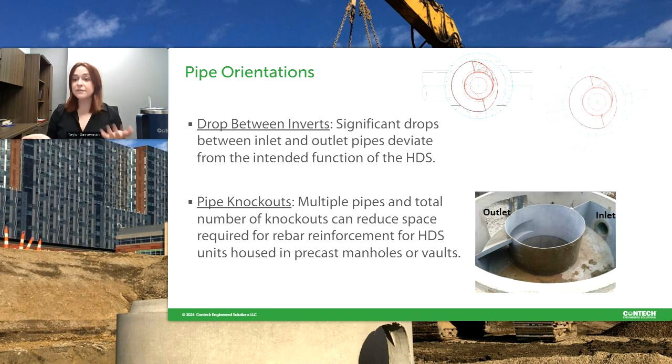It's half of it, to a 3-foot hole into a 4-foot unit. And it's like, oh goodness, that's probably too big of a knockout. You might be able to do it if it's 180 degrees from inlet to outlet, but if you have any angles in that, you might run into issues where you don't have any concrete left. So you want to be aware of that.